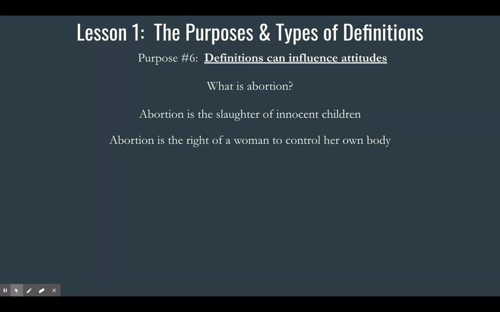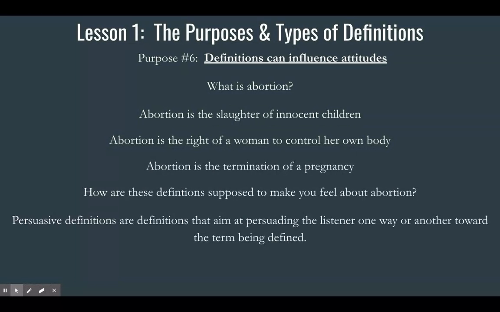They're trying to change how you think. The person who says abortion is the slaughter of innocent children, what do they want you to think about abortion? It's bad. The person who said abortion is the right of a woman to control her own body, what do they want you to think about abortion? It's good. And this is a persuasive definition. Persuasive definitions are definitions that aim at persuading the listener one way or another toward the term being defined.